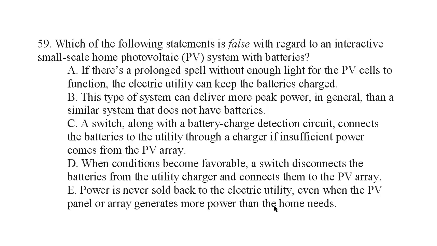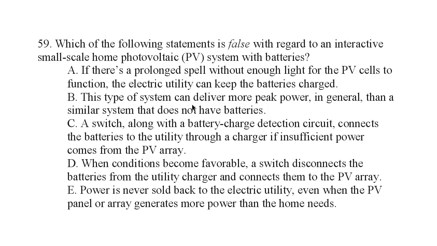Well, that is basically true. You can offset your electric bill with the PV panels in this type of system, but the utility generally won't buy it back from you. You can make that arrangement, but in most cases that's not done. So again, the only statement that is patently false here is B.